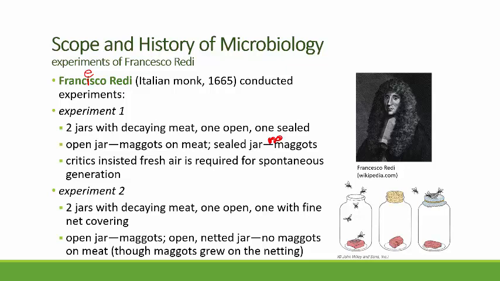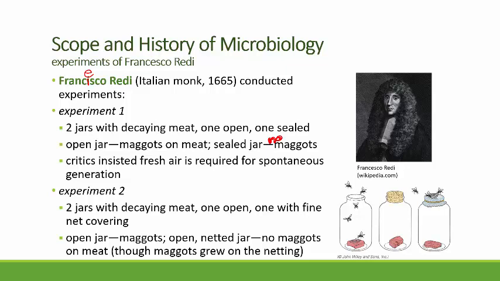So he designed a second experiment. Again, two jars with decaying meat. One was open, and one had a fine mesh covering all over it. In the open jar, where flies could visit, maggots grew. But in the netted jar, there were no maggots growing on the meat.